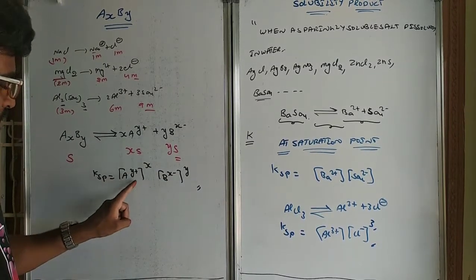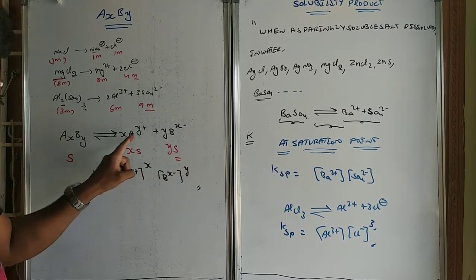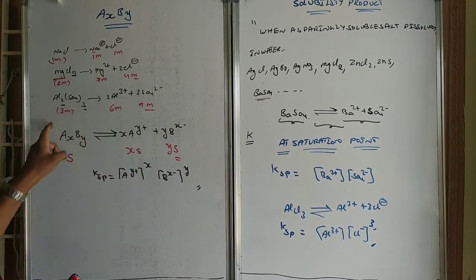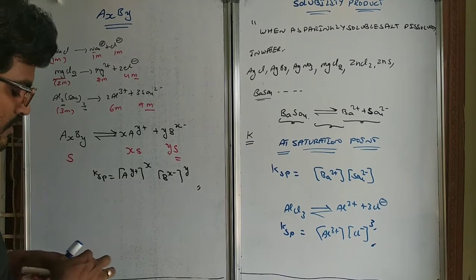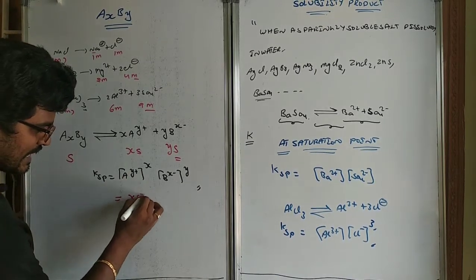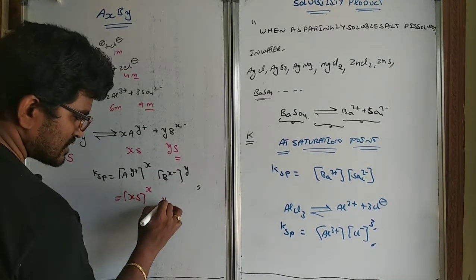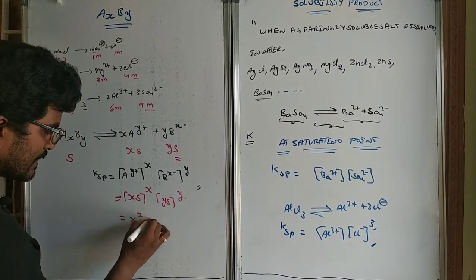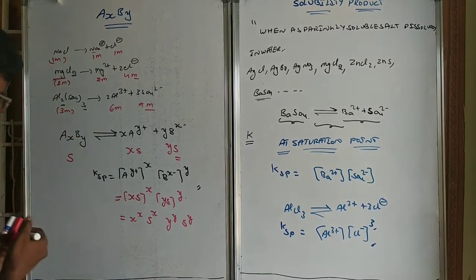The product of concentration of ions raised to the powers equal to their stoichiometric number in a balanced solubility reaction is known as the solubility product. The concentration of A^y+ is xS to the power x, and B^x- is yS to the power y. So it becomes x^x S^x y^y S^y.